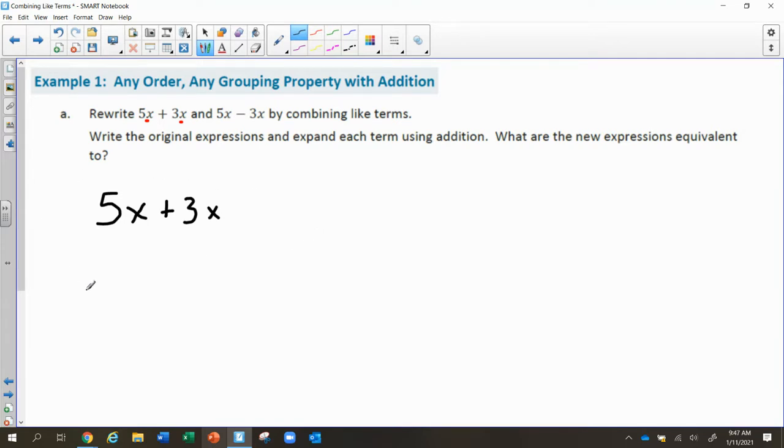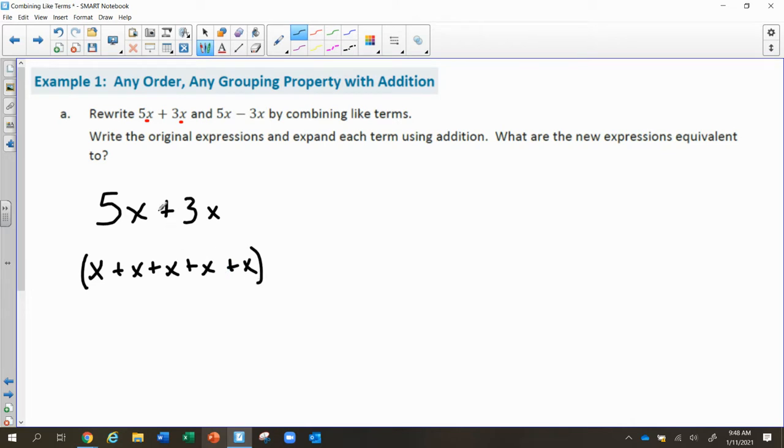Well, it wants us to simplify this expression, but let's learn how to do that. So 5x, 5 times x, well, all that means is that I have 5 x's. I have x plus x plus x plus x plus x, right? 1, 2, 3, 4, 5.